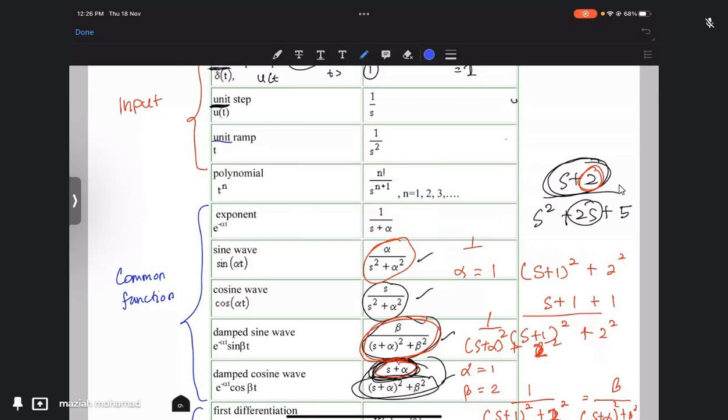We have 1 over 1 plus Ts, so we need to rewrite it in the form of s plus alpha.